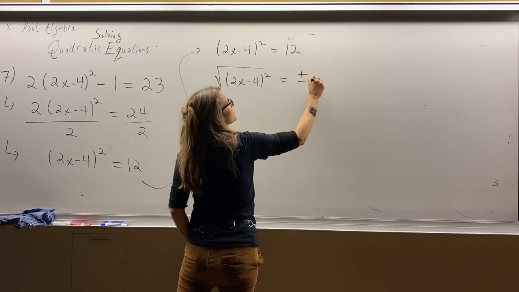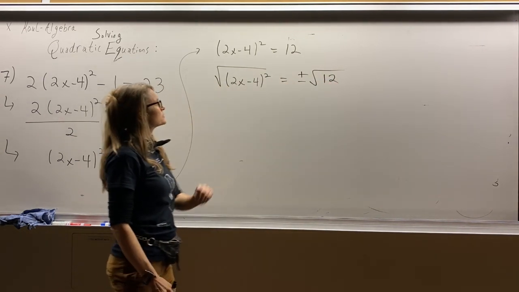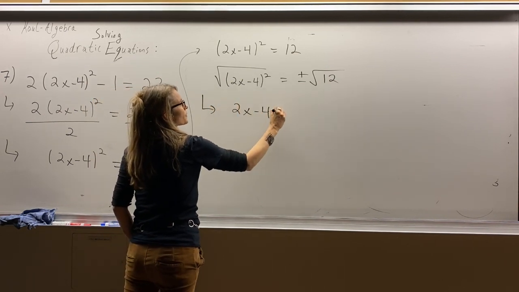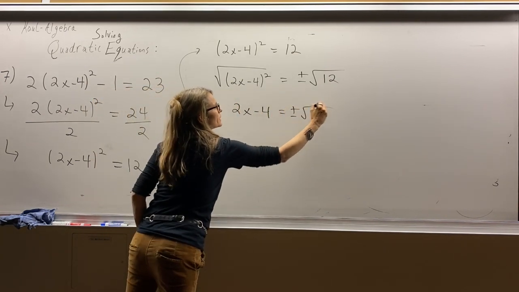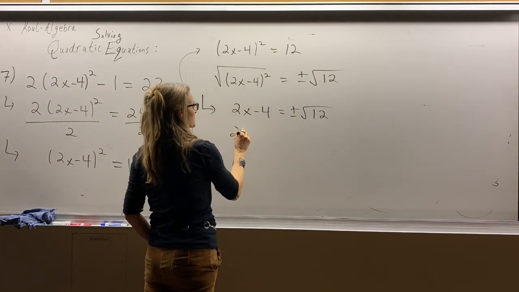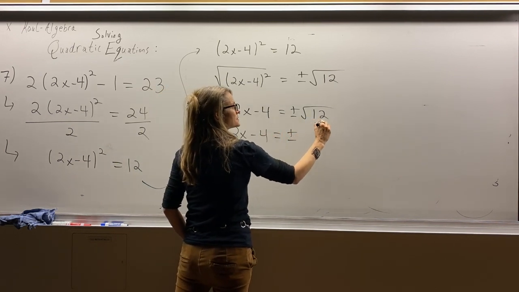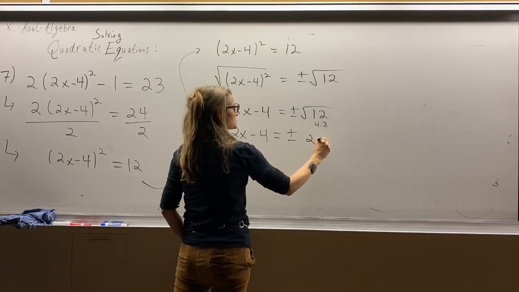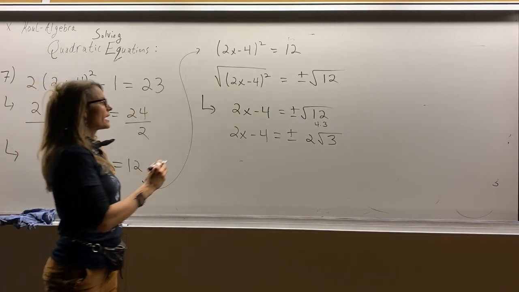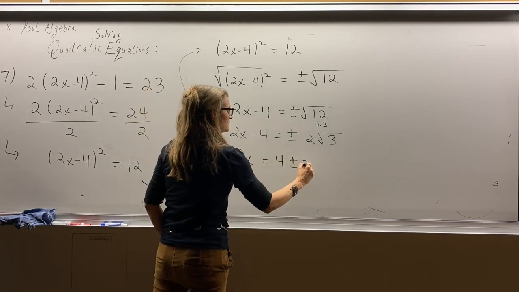And here I'm going to take the square root of 12, which produces plus and minus roots. Now my solution will be 2x minus 4 equals plus or minus the square root of 12. Again, same steps. I want to simplify that 12, so we already know from the previous step this is 4 times 3, and the square root of 4 is 2, so this becomes 2 square root of 3. And next, I add the 4 over.